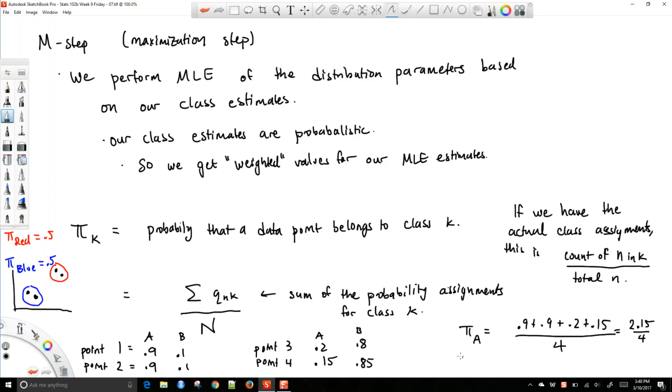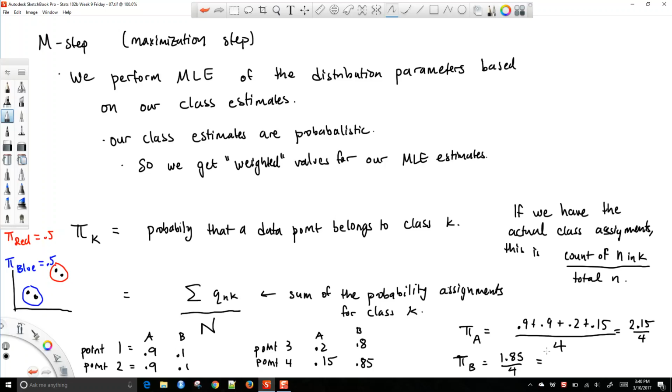And then the probability of B would be 1.85 over 4. So my proportions are based on the probabilistic estimates of these data points.